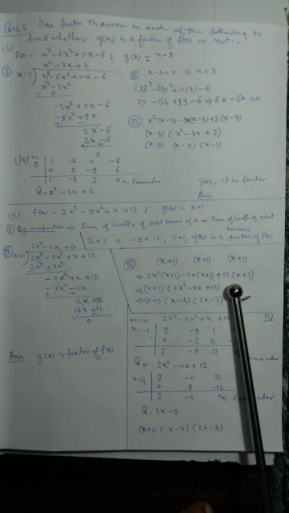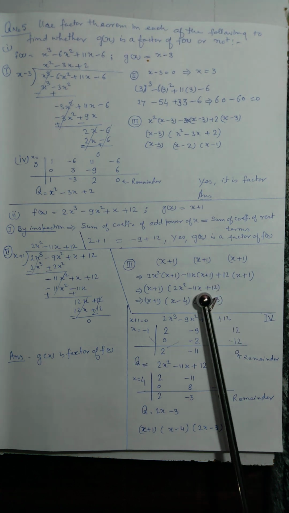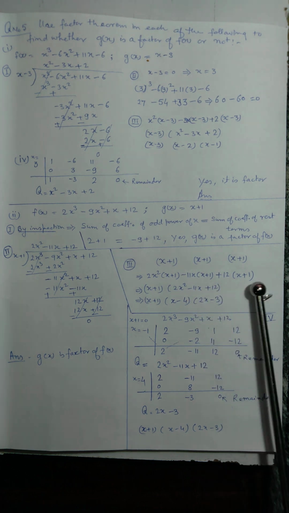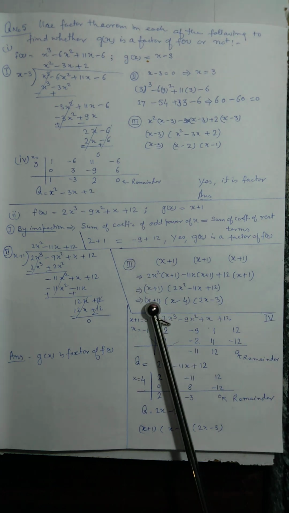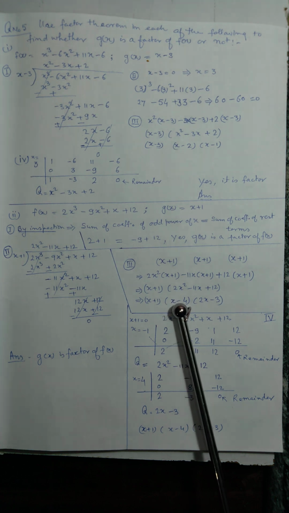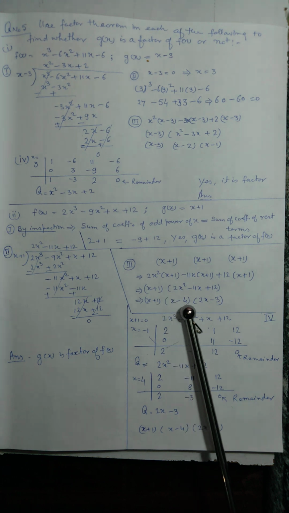As soon as you multiply it, you will get 12x and minus 11x. Solving it, you will get x, and multiplying this 12 by 1, you will get 12. So you take out x plus 1 common. Now we are left with 2x square minus 11x plus 12. Now you can factorize this.